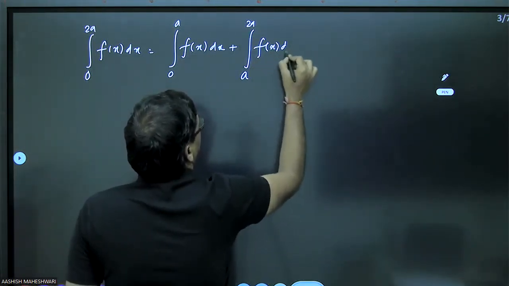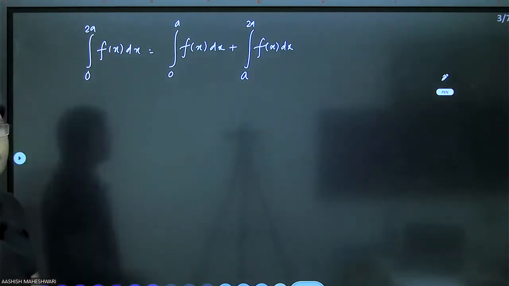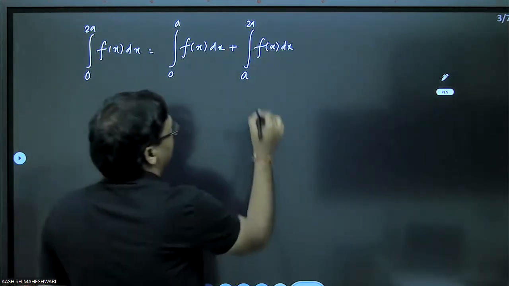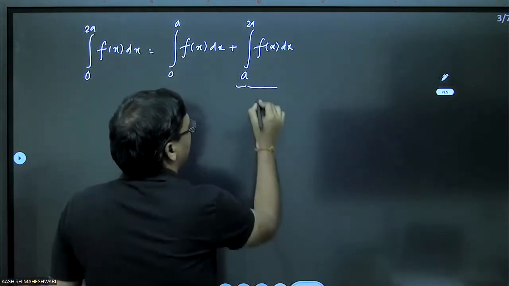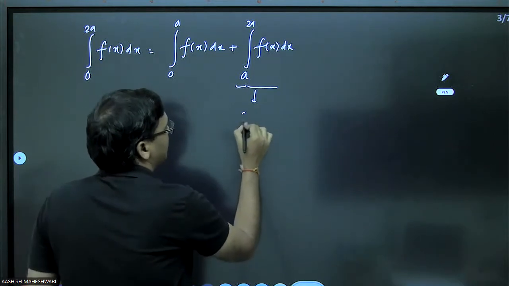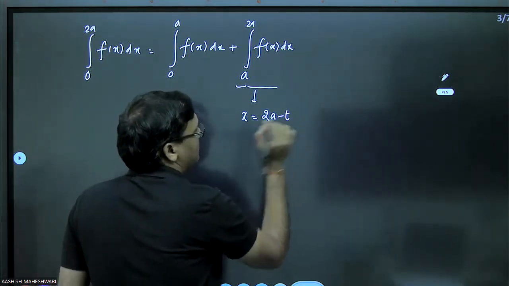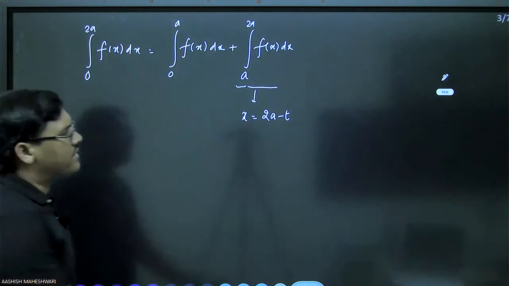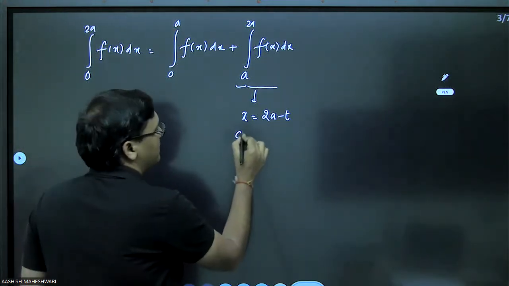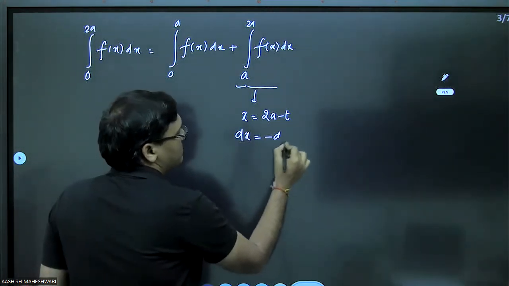I can break this integral. Now you see, if I take a substitution that x is equal to 2a minus t, then dx is equal to minus dt.